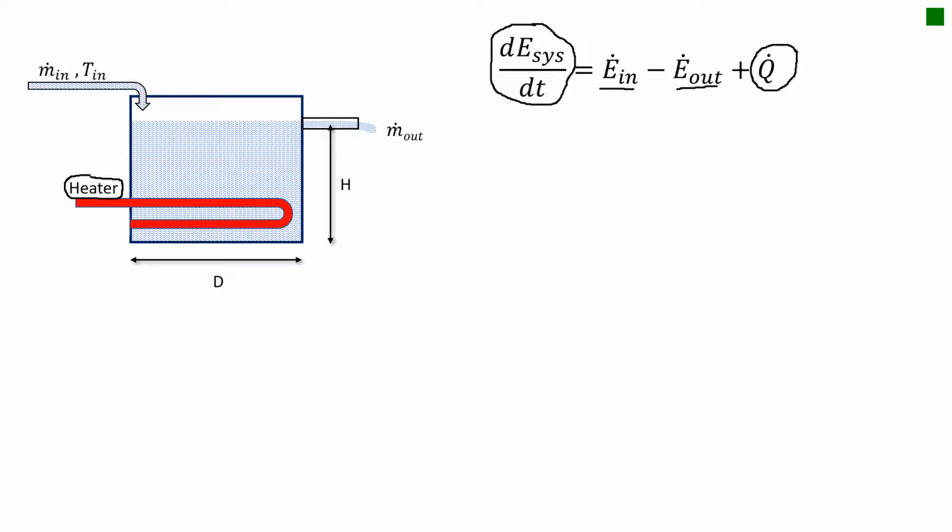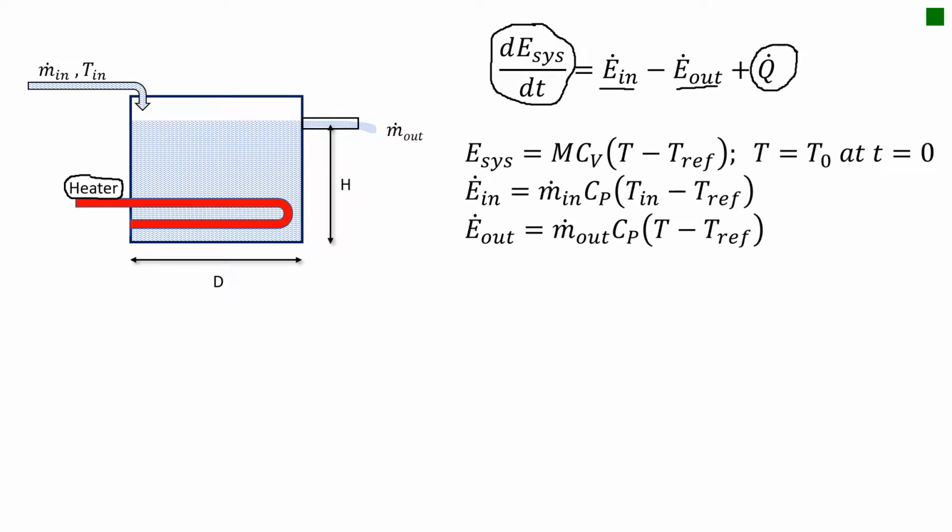Now let's break down each of those terms into something that we can recognize. The energy of my system is just equal to the mass of my system, capital letter M, and note that M changes with time, times the heat capacity at constant volume, multiplied by the temperature of my system minus the reference temperature.